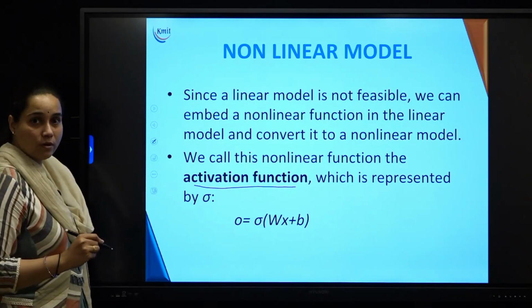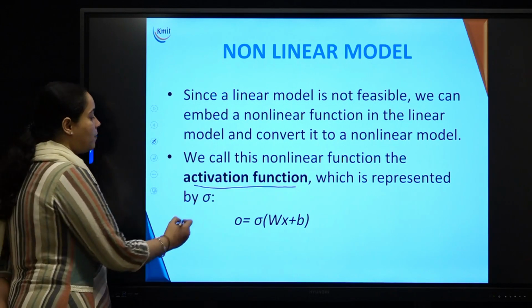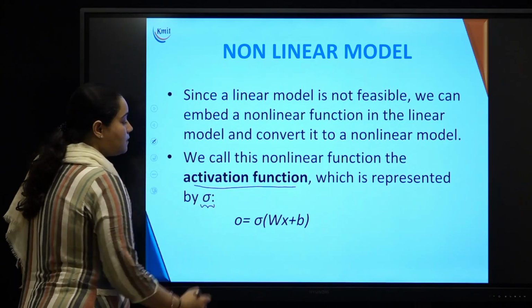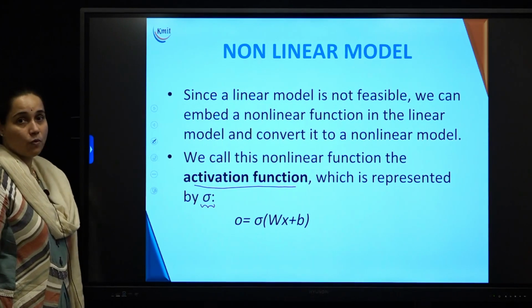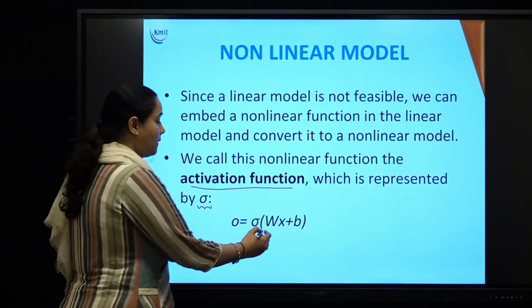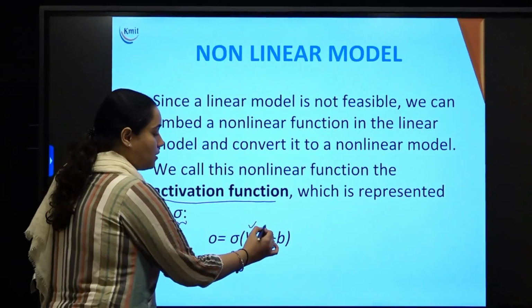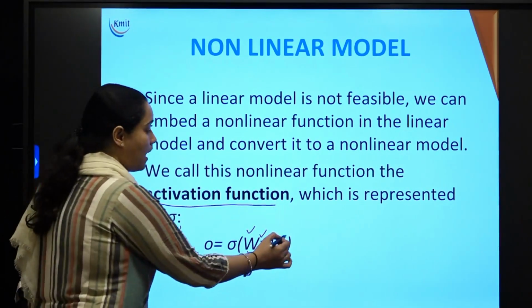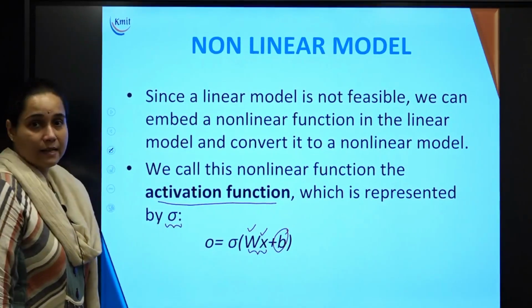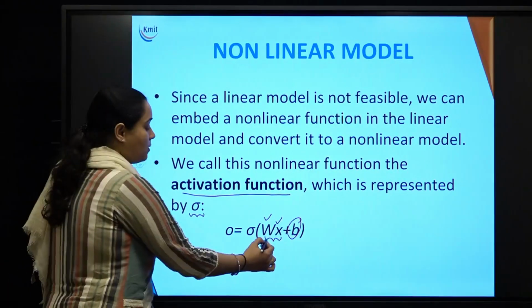If I really want to represent it, I generally prefer to use a sigma for representing an activation function. You all know what you are doing: you have weights associated with inputs, you multiply the weights and the inputs, and then you add the bias. That's a linear model, right? y equals mx plus c.